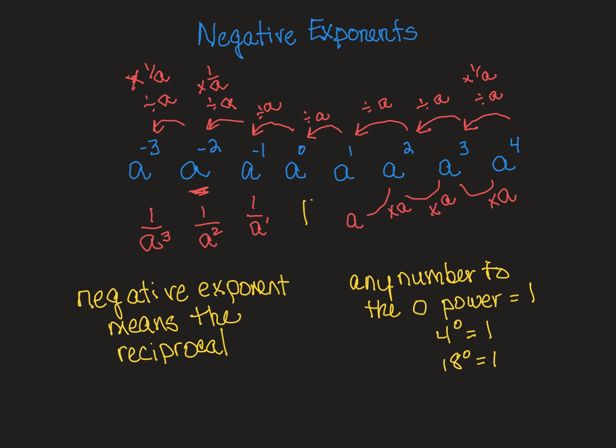I'm going to put an example down here, just so we're sure. If I have 4 to the negative third power, that is the same as the reciprocal of 4, which is 1 over 4 to the third power.